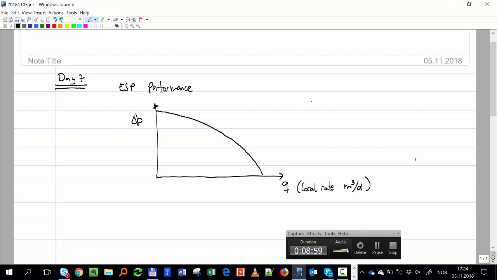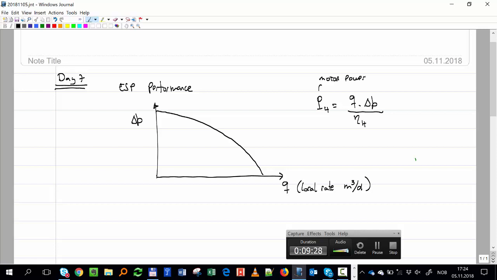The hydraulic power of a pump is the rate times the delta P divided by the hydraulic efficiency, right? So let's say that this is related to the motor power.